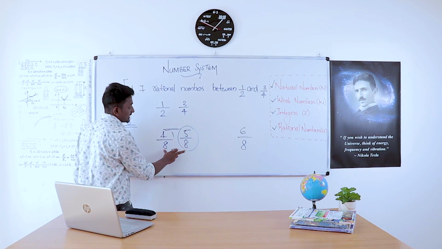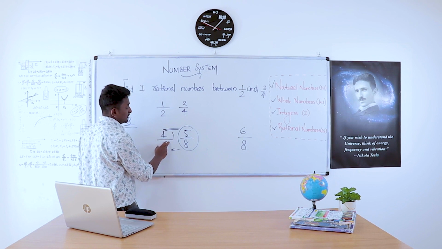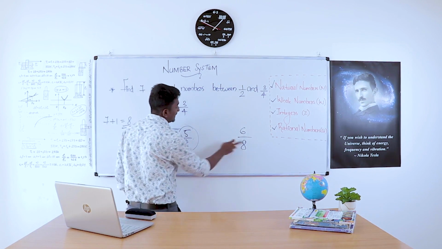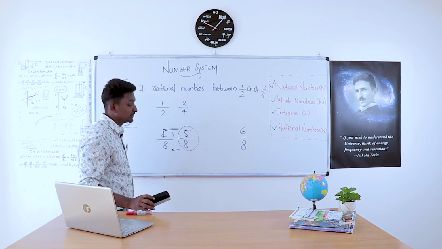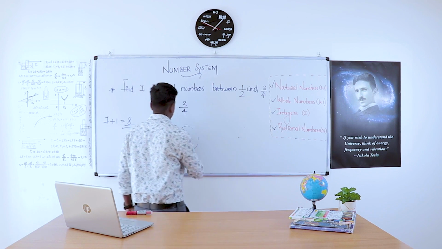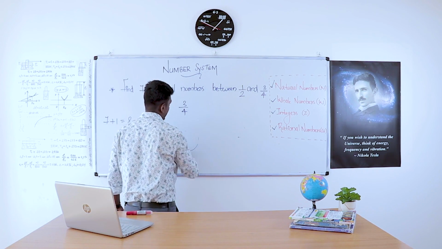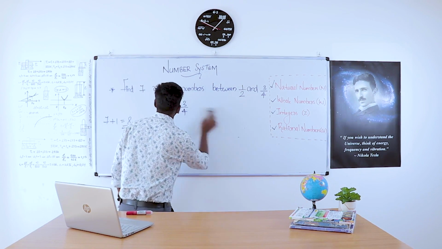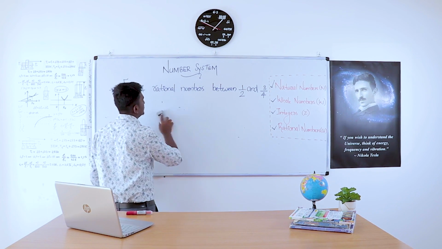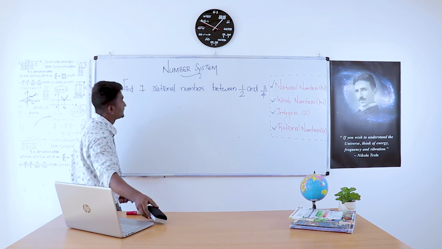That means considering these two, 4 by 8 plus 5 by 8 divided by 2 gives a rational number in between these two. 5 by 8 plus 6 by 8 divided by 2 gives a rational number in between 5 by 8 and 6 by 8. Thus, we can find more rational numbers in between two numbers. Now, we can go through one more problem.